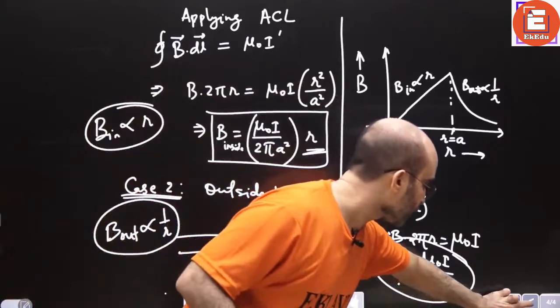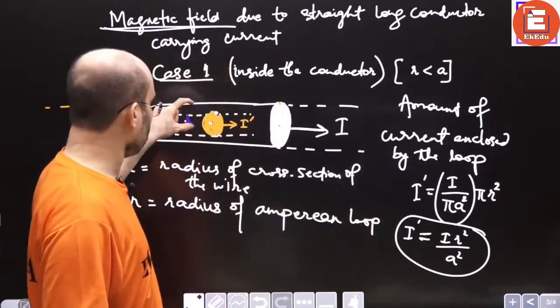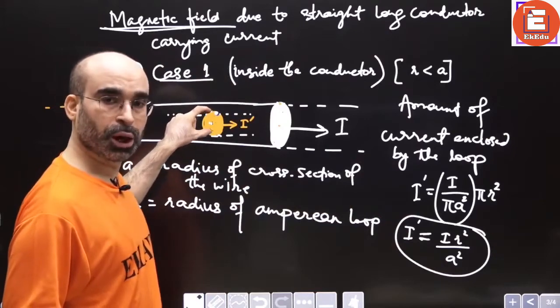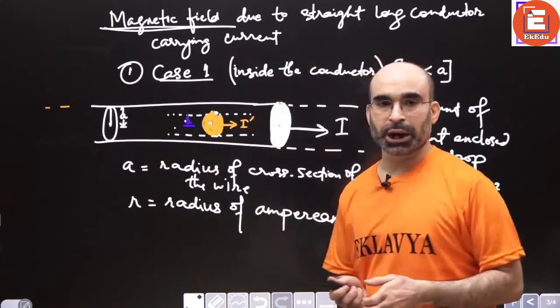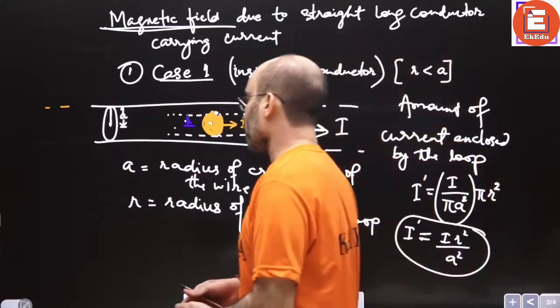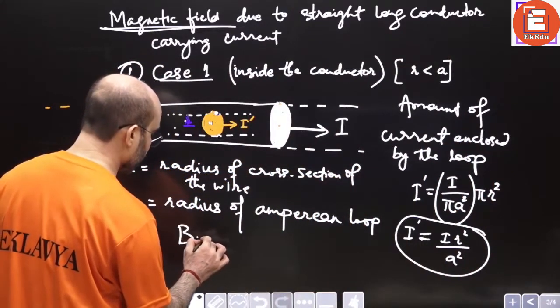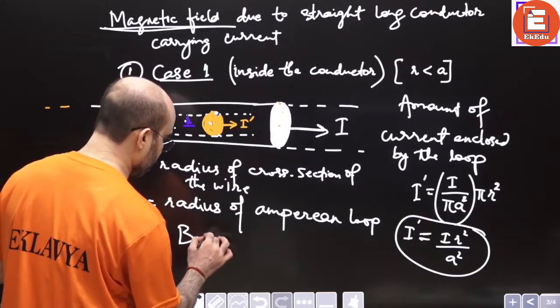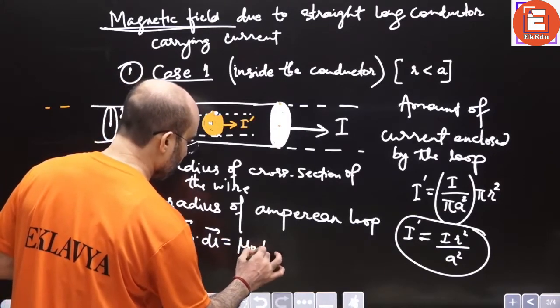You need to find out first of all the current enclosed by the loop of this cross section. You can view it here. Okay, and then you will find out the magnetic field due to this. Because applying ACL, you will say that B dot dl equals mu naught I dash.